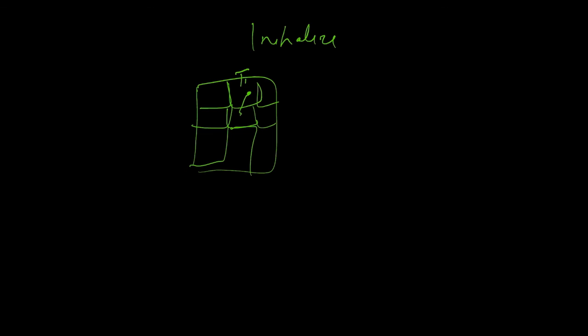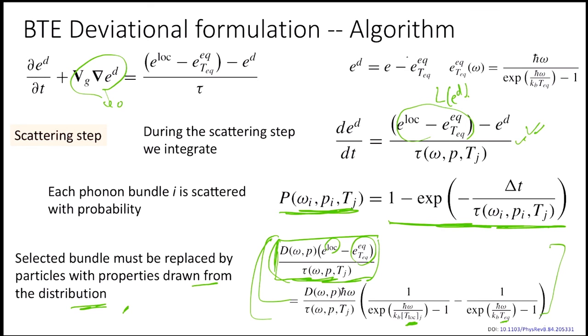First, we would calculate T_loc in this cell, so we have to propagate all the particles simultaneously. Once we get T_loc, we could say whether the particle would scatter or not by drawing the random number. If it's going to scatter, we redraw the particle from this function, which contains this tau term in the denominator, basically D of omega, E_loc minus E_equilibrium divided by tau.